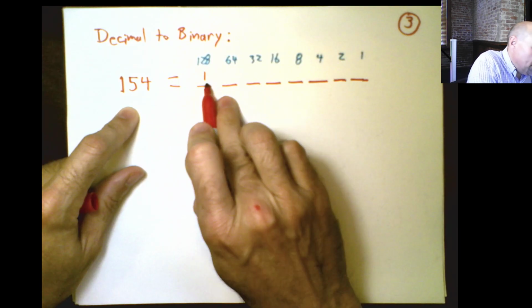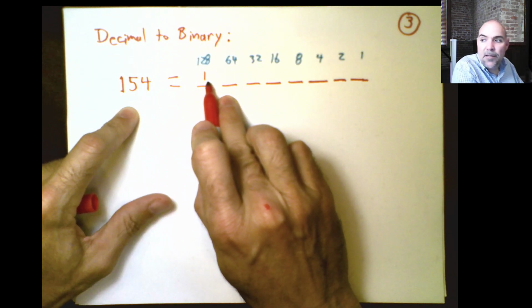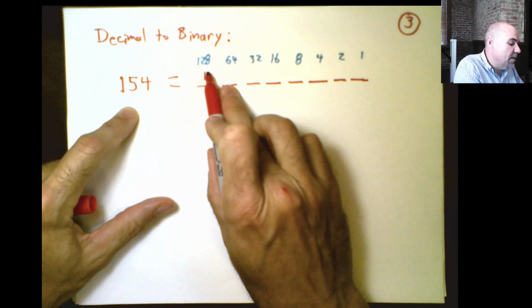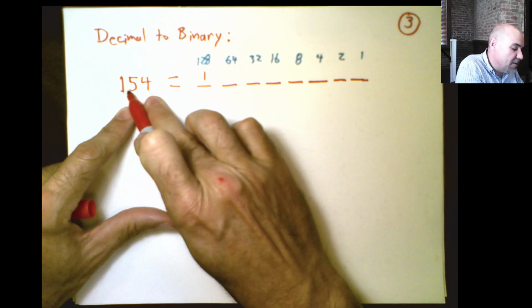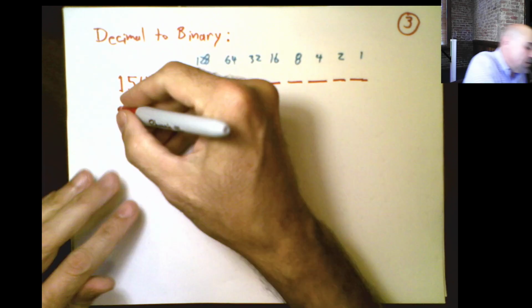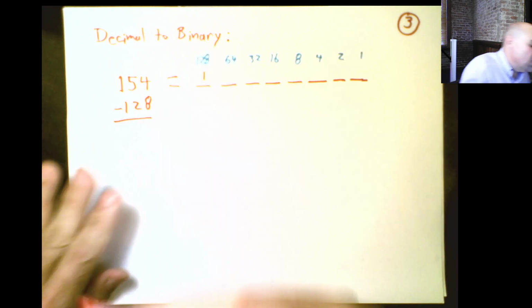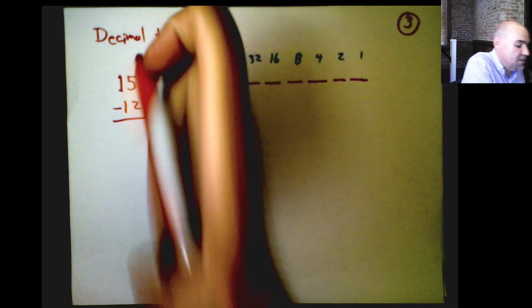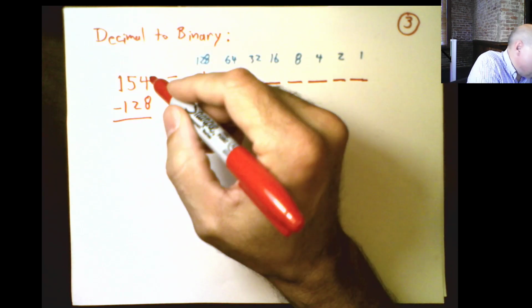But since I put a 1 there, that means that the 128 that we are representing here has now been accounted for, so I need to subtract that out because I've taken 128 out of this number. So over here I'm going to say minus 128. And we're going to perform that subtraction and see what's left. So let's just do that kind of old school, first grade, second grade, whenever you learn how to do subtraction like this.